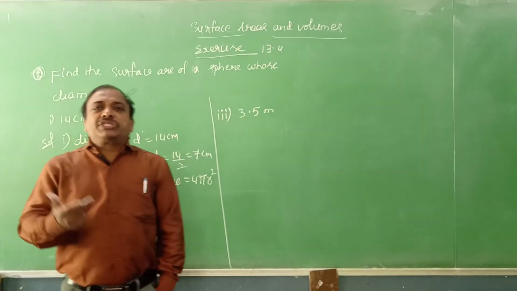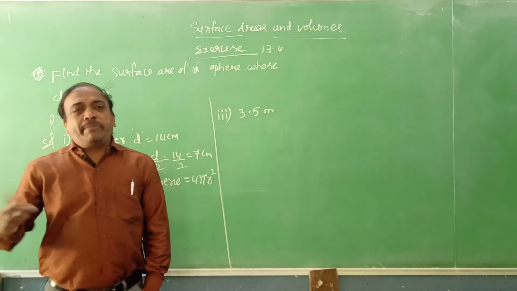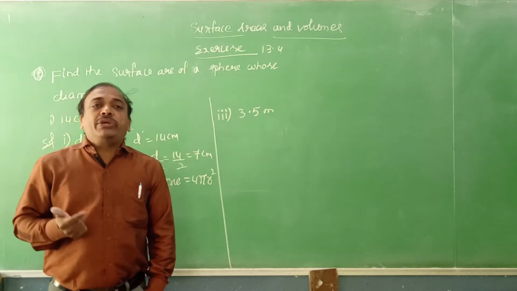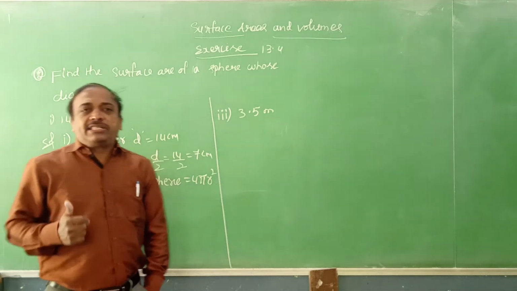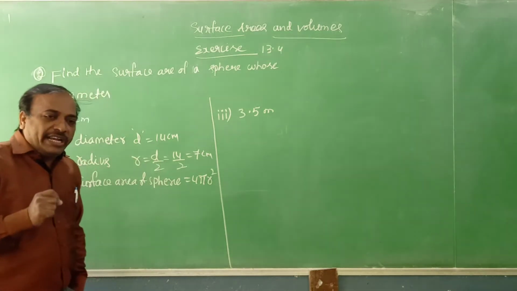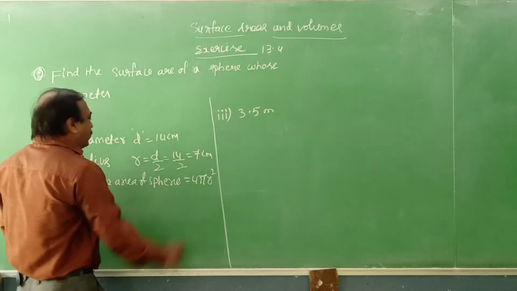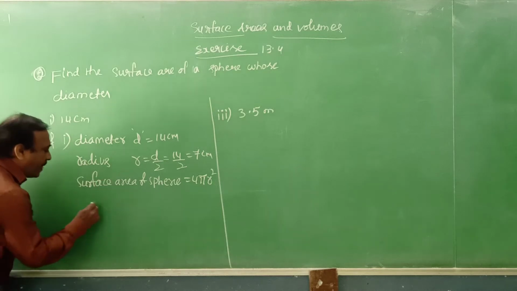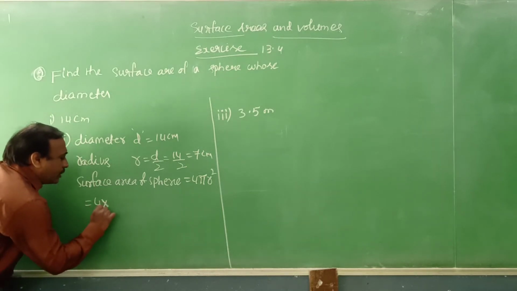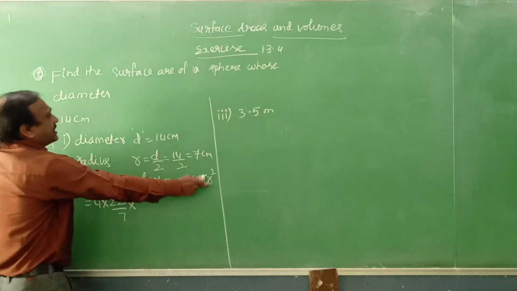In all these questions, unless stated otherwise, we have to use the value of pi as 22 by 7. So the surface area of the sphere is 4 pi r square, which is 4 into 22 by 7 into r square.